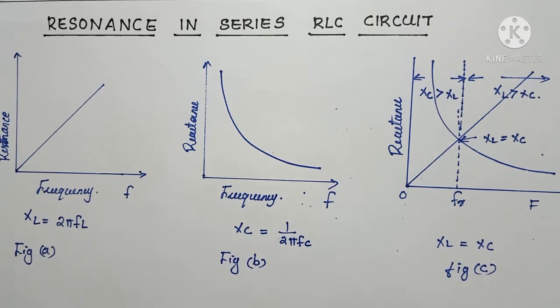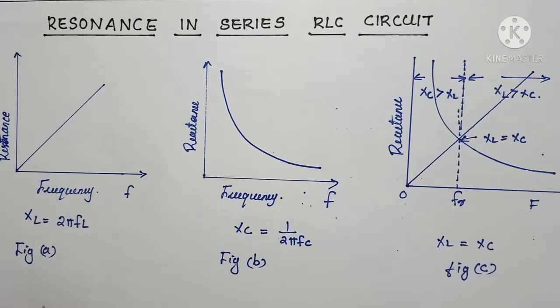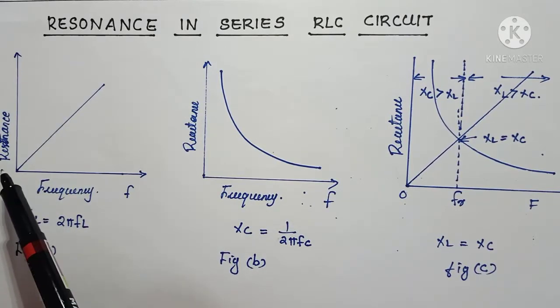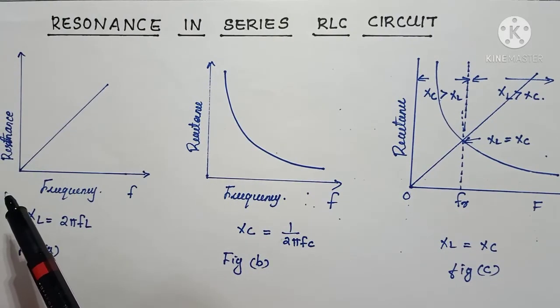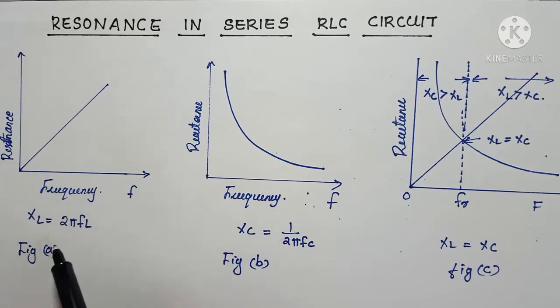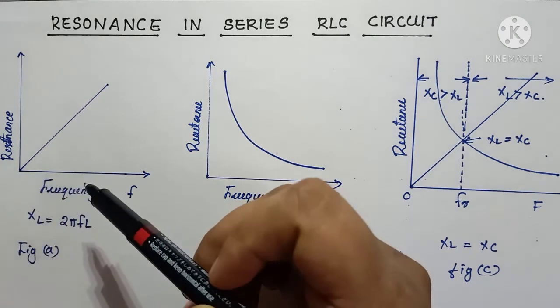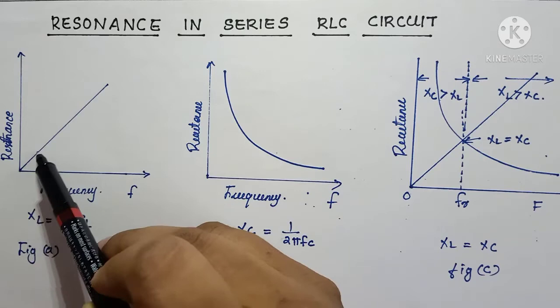Here you can see three waveforms. The first figure A represents the relationship between the reactance XL and the frequency F. The frequency and the reactance are directly proportional, so the variation will be linear.